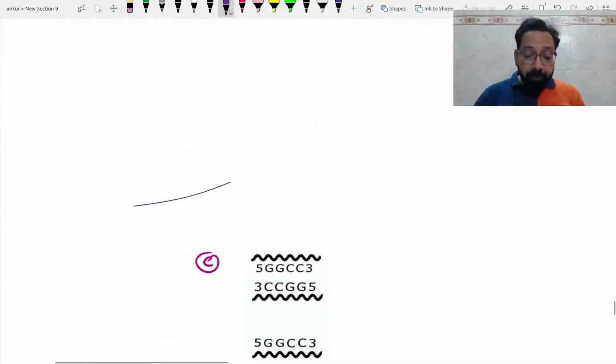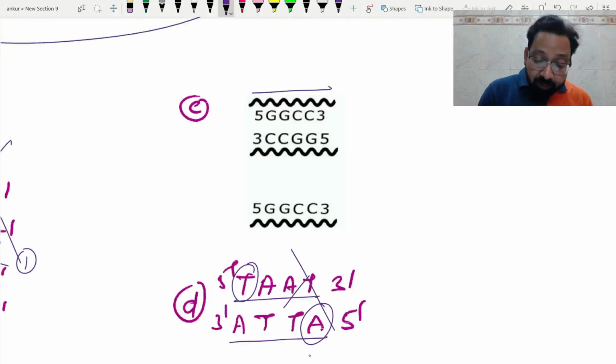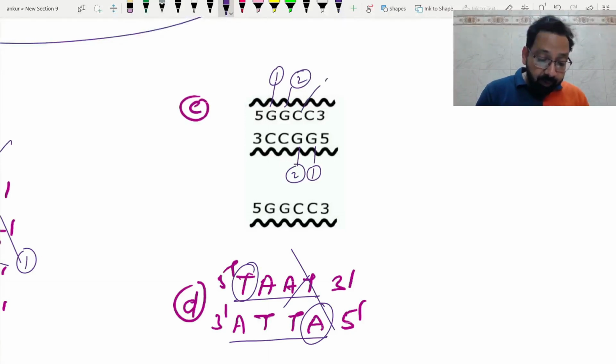The right example is GGCC. In this double stranded DNA, the first is G, here the first is G, second is G, second is G, third is C, third is C, fourth is C, fourth is C.